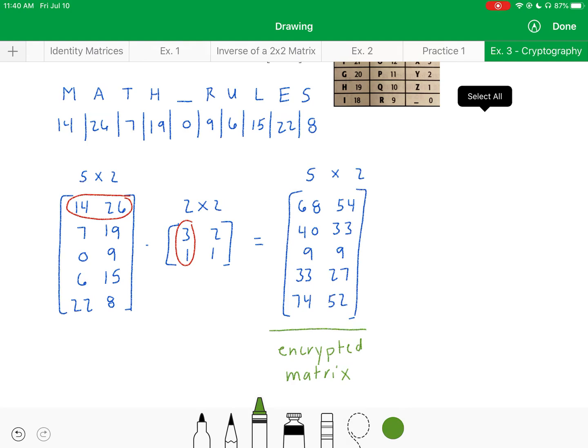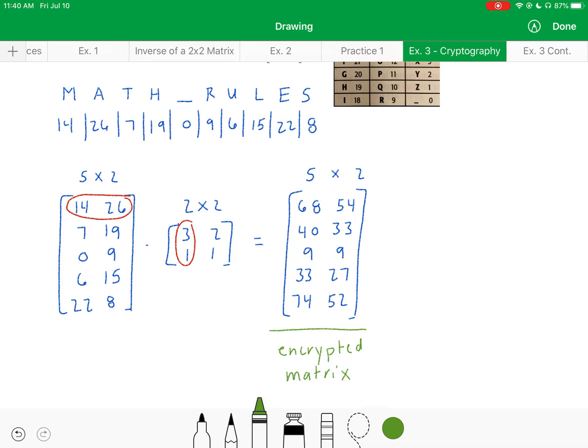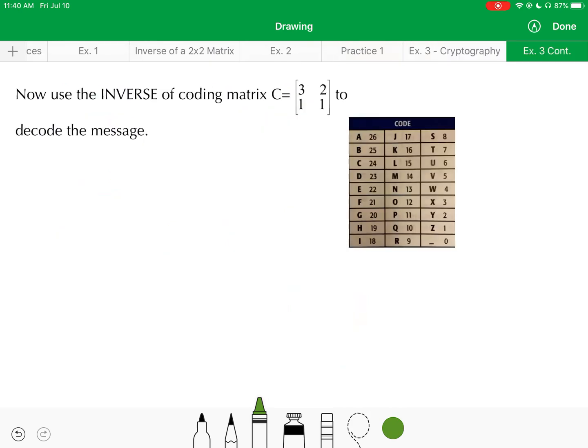All right, so once you've encrypted the message, now you have to have a way to decode it. And basically, that's just going to require you to use the inverse of the original coding matrix, okay? So what we're going to do next is find the inverse of C.